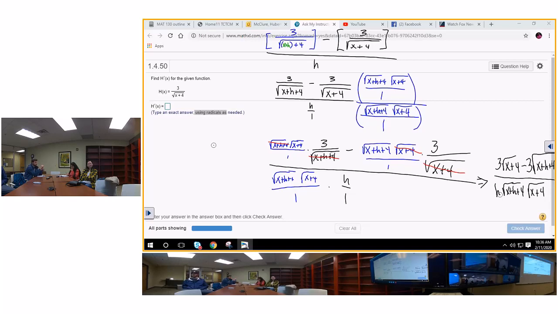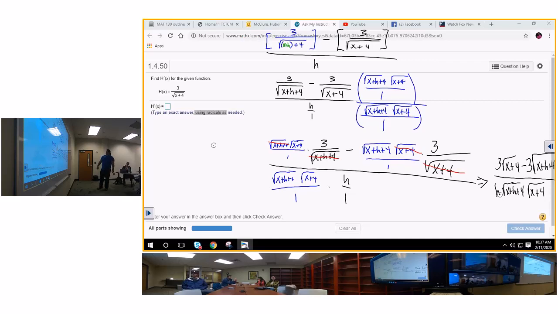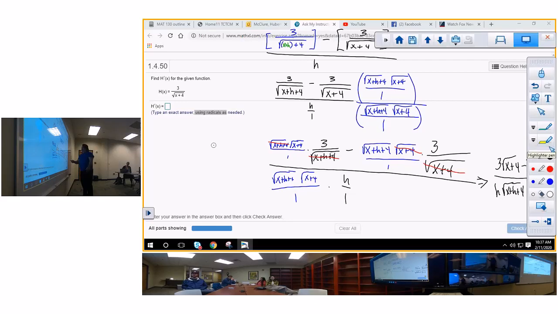Now, you could actually multiply by the conjugate, which would be 3 square root of x plus 4 plus 3 square root of x plus h plus 4. You could do that on top and the bottom, but I don't know how far they want you to carry it. I don't know if they want you to get rid of the radical, I'll look and see.